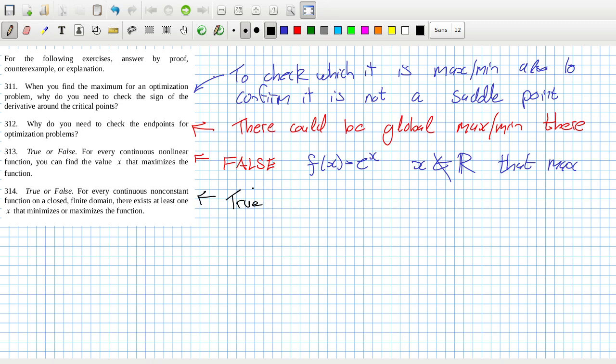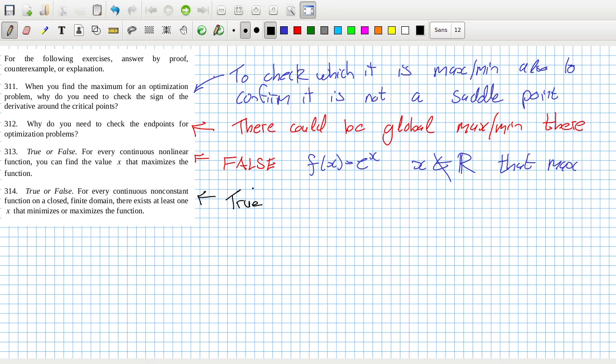How can we show that? How can we prove that?